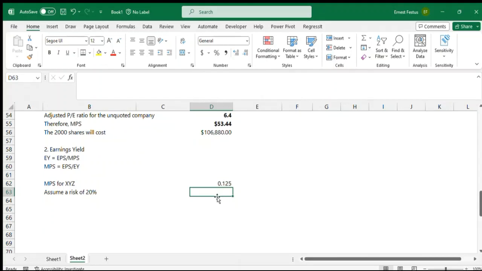So that is going to be equal to this multiplied by 1.2.